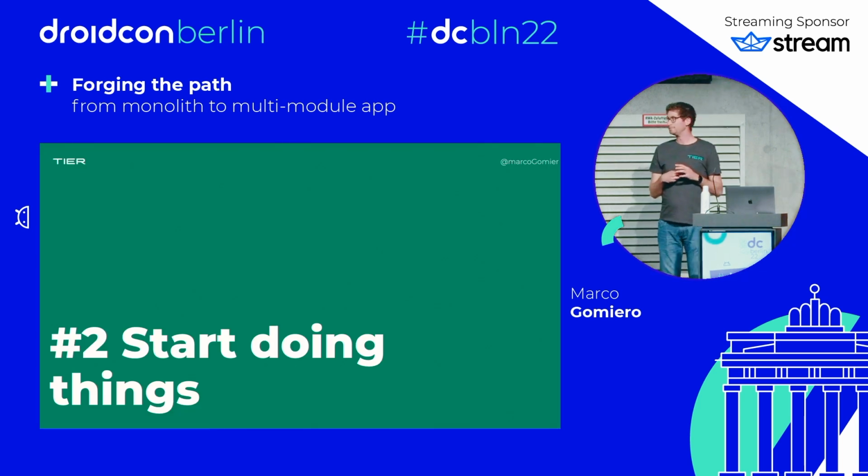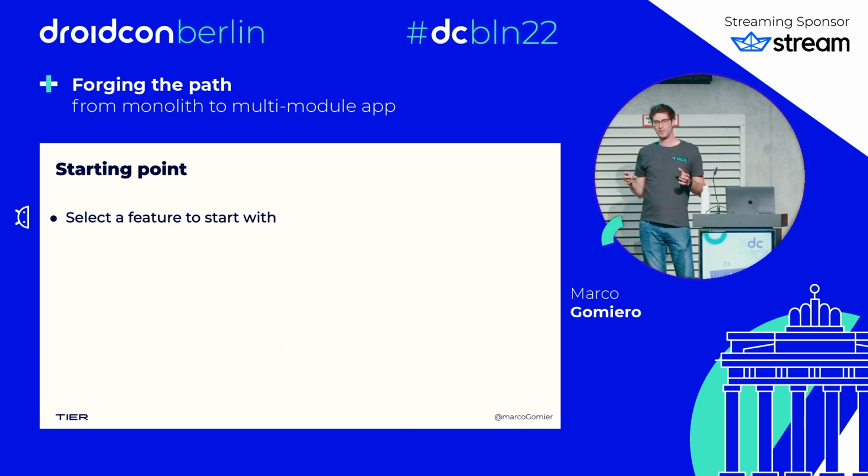Okay, so luckily, after whiteboarding and thinking and those kinds of things, we finally have time to actually write some code. So in order to do that, we decided to select a specific feature to start with, because it's easier if you select something and you have a clear, concrete view of what you have to do.